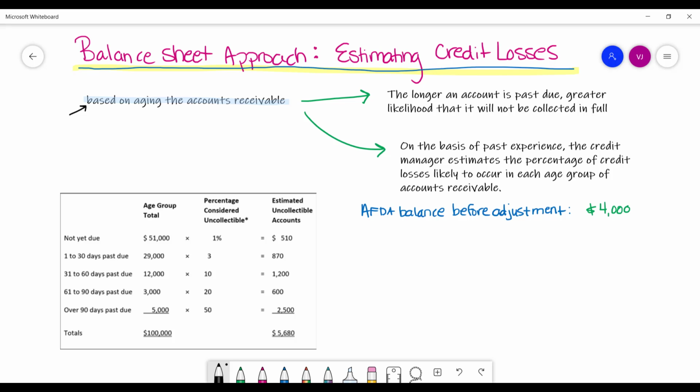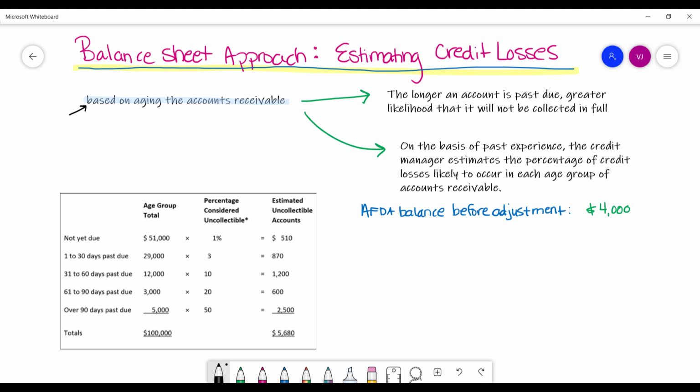If an account's been sitting around for 6 months and we haven't received payment, the chance that we won't collect on that total amount is a lot slimmer than an account that's only been unpaid for 1 month. So management, based on their past experience, will estimate what percentage of each age group is expected not to be collected.